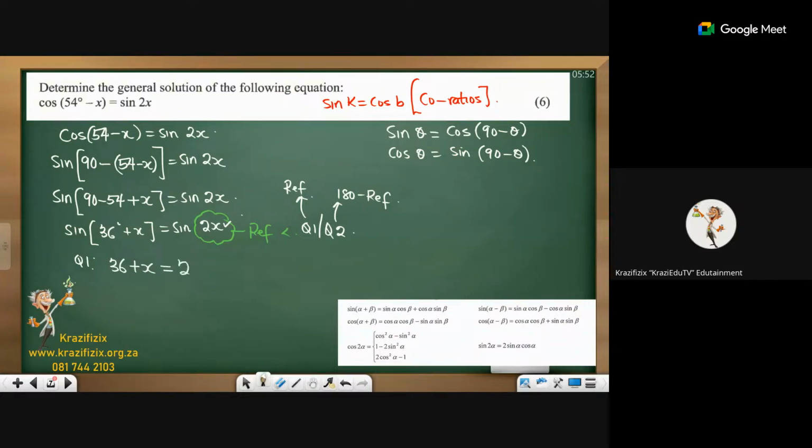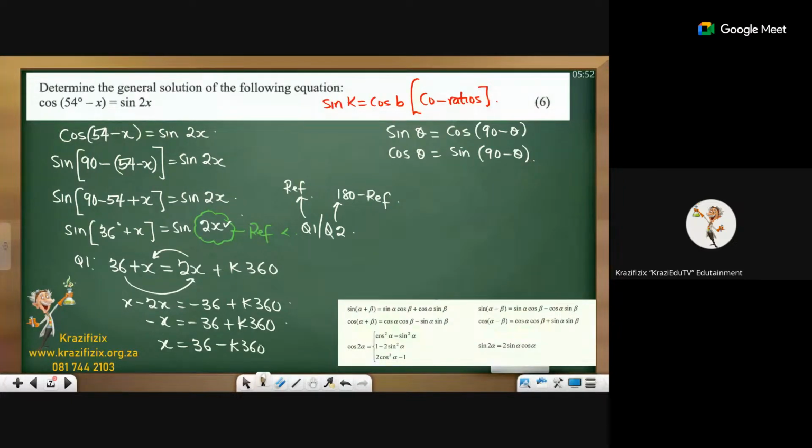Quadrant 1 is simply equal to 2x, the reference angle, plus k 360. Now let's solve. I'm going to move that there and bring this here. What would I have? x minus 2x equals what? Negative 36 plus k 360. Minus x equals minus 36. What do we do? We divide. x will be equal to 36 minus k 360, because I'm dividing by negative 1.